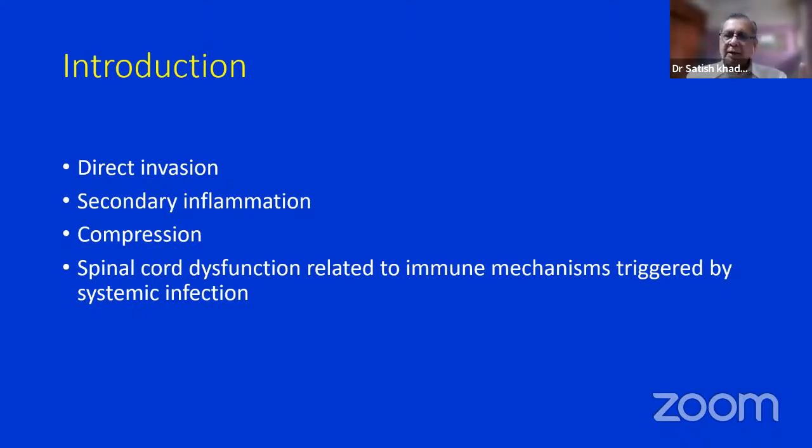The example given is mycoplasma. Mycoplasma is in the lungs, but it elicits a response in the spinal cord in some patients, producing a myelopathy. Now, that's really remote. So those are some of the issues that conceptually exist between the direct and the indirect ways in which the spinal cord is affected.